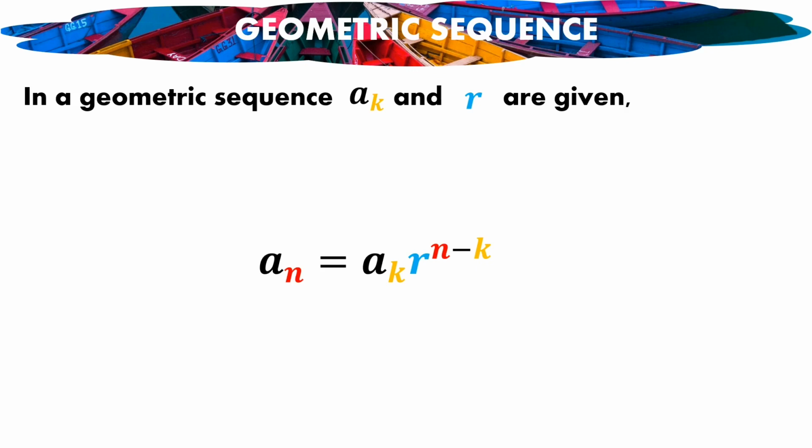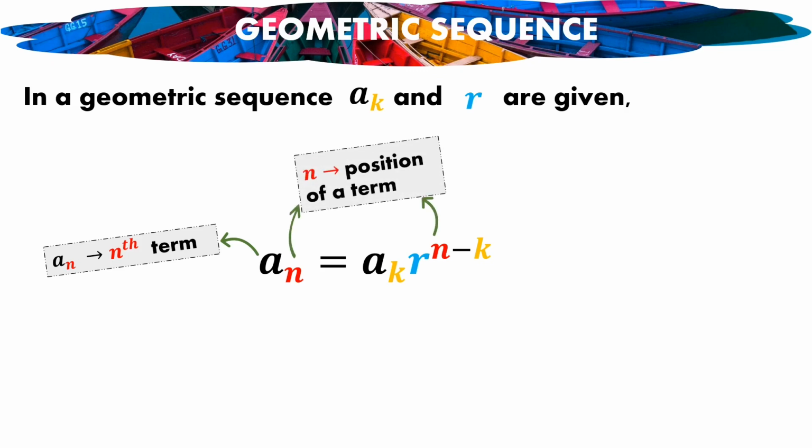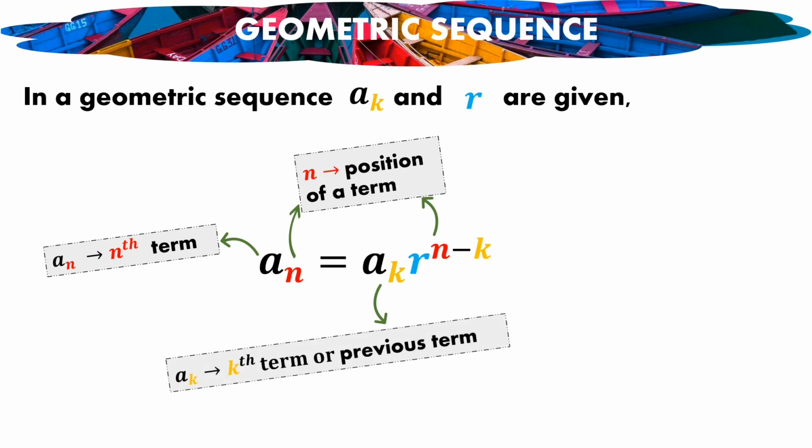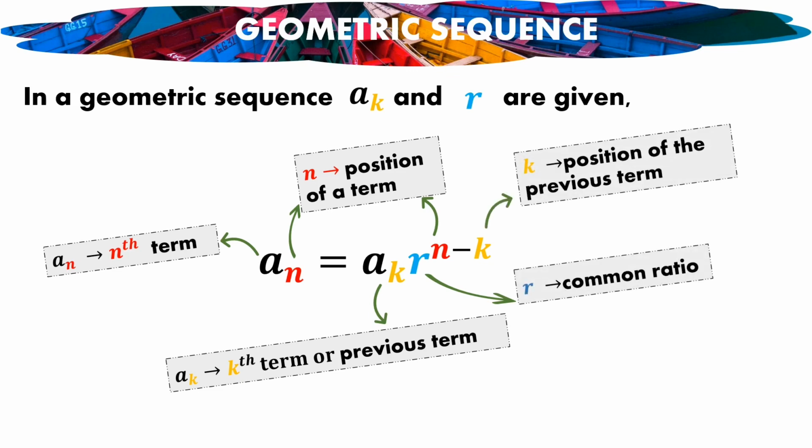The nth term is a sub n equals a sub k r raised to n minus k, where a sub n is the nth term, n refers to the position of a term, a sub k is the kth term or the previous term, r is the common ratio, and k is the position of that previous term. Let's have an example.